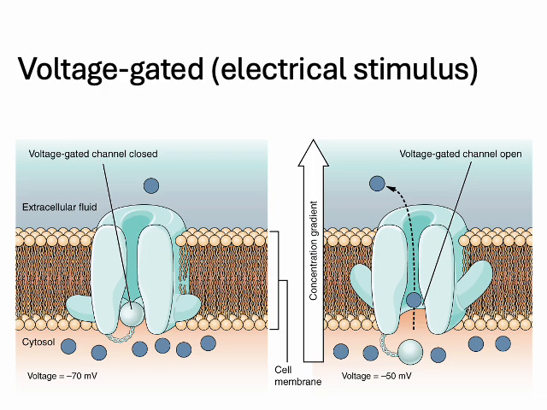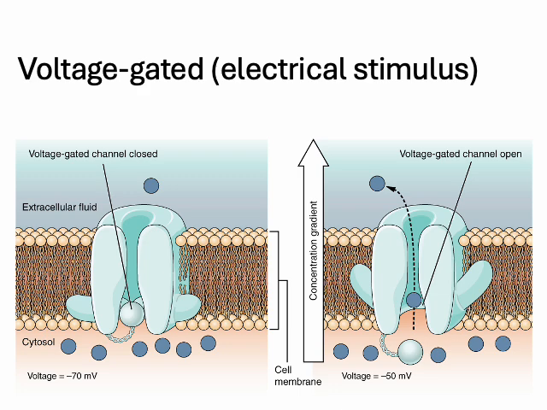Voltage-gated channels respond to an electrical stimulus. So here's an example of a closed voltage-gated channel. We actually see this physically closed with what we call a ball and chain. This is jamming up or blocking the channel interior so nothing can get through. But what it is sensitive to is the inside environment here. At rest, it's -70, it's closed.